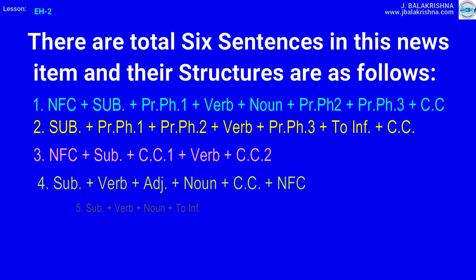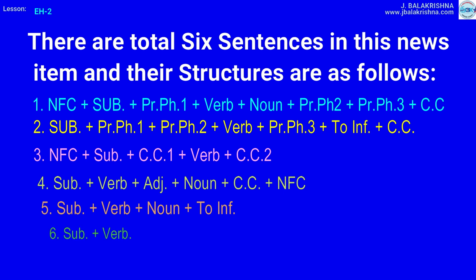Fifth sentence: it begins with I, ends with government. Structure is like this: subject plus verb plus noun plus to infinitive. Sixth and the last sentence: he said. Subject he, said verb. Now you try to make your own sentences for these 6 structures.